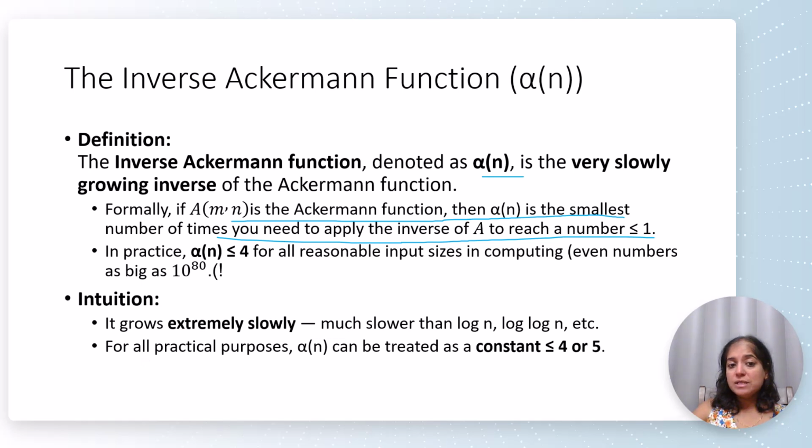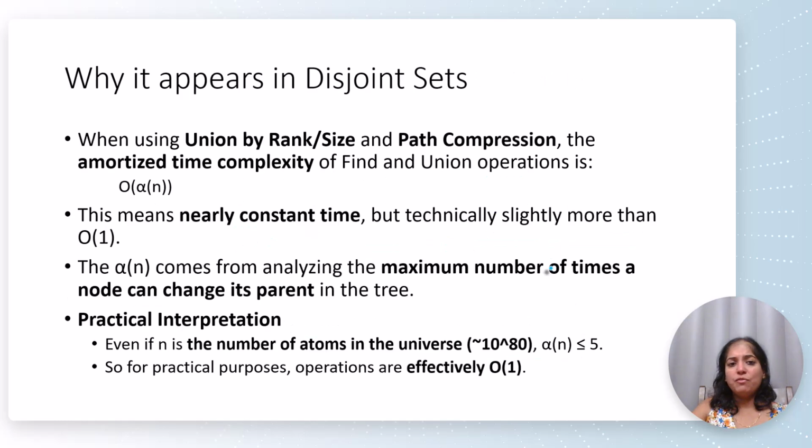In practice, alpha n is less than or equal to 4 for all reasonable input sizes. The intuition is that it grows extremely slowly, much slower than log n, so for practical purposes we treat it as a constant, less than 4 or 5.